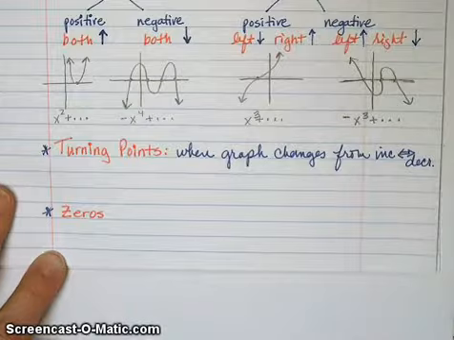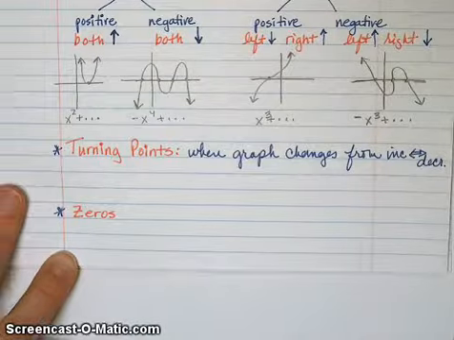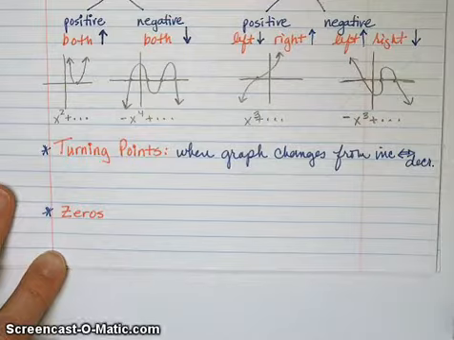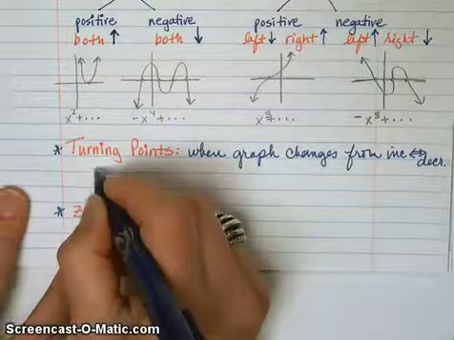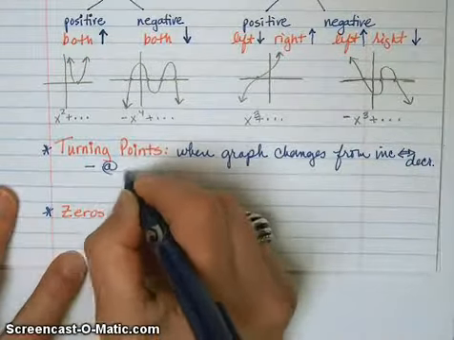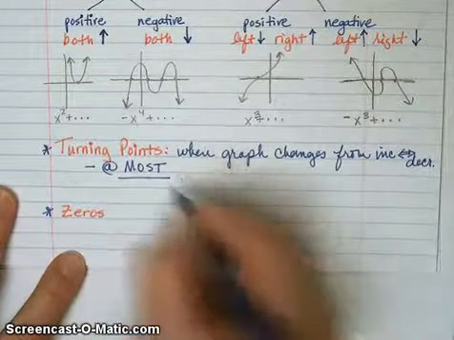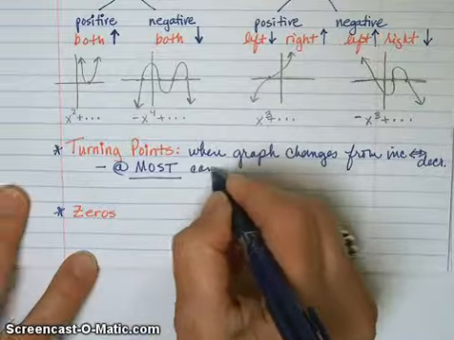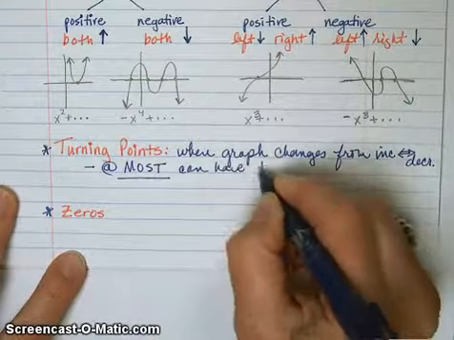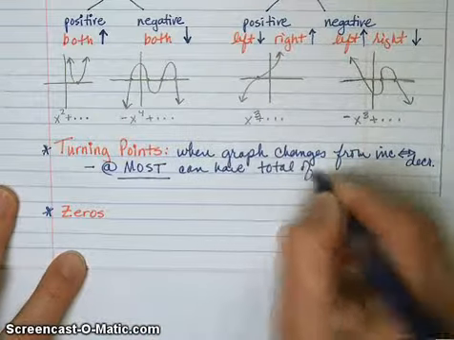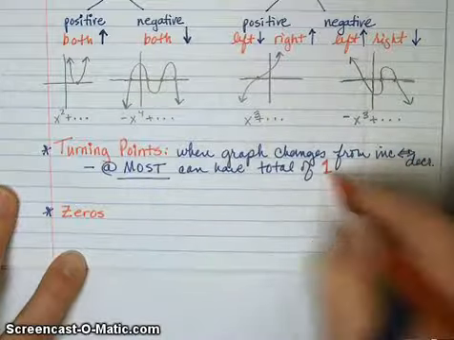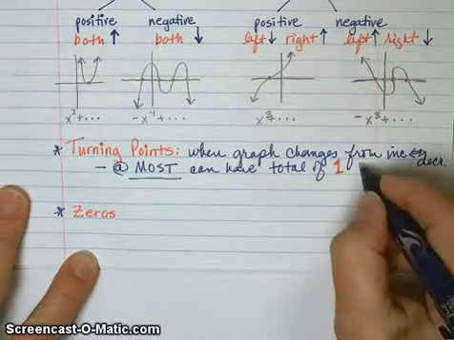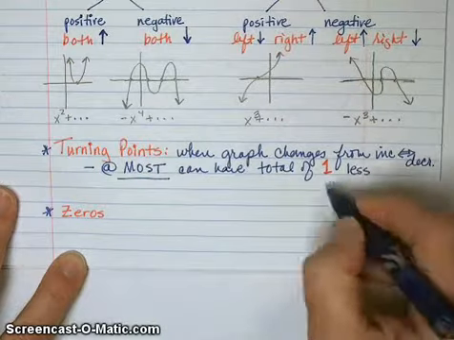It's going up and then it changes and goes down, or it was down and then it changes, and now it's going to turn and go up. So it's a turning point. This is key. At most, you can have a total of one turning point less than the degree.